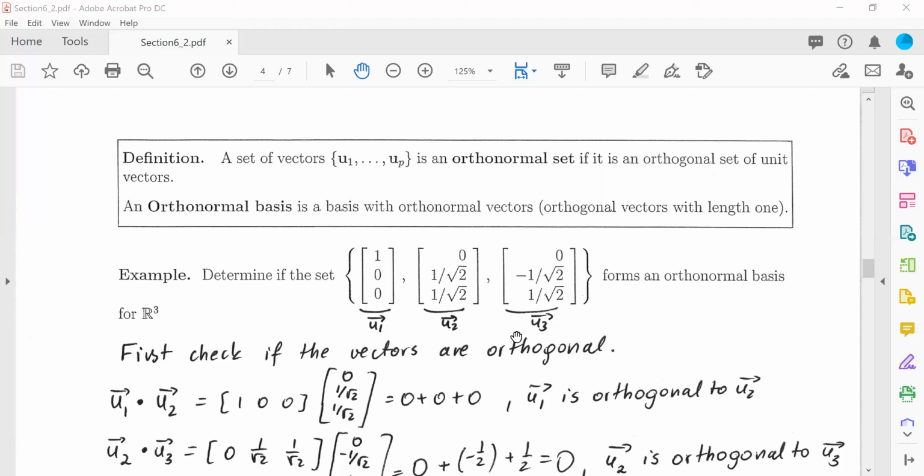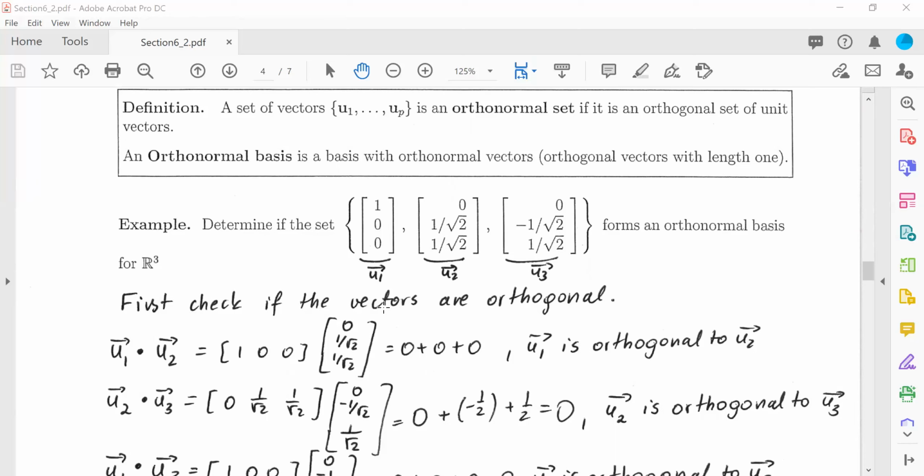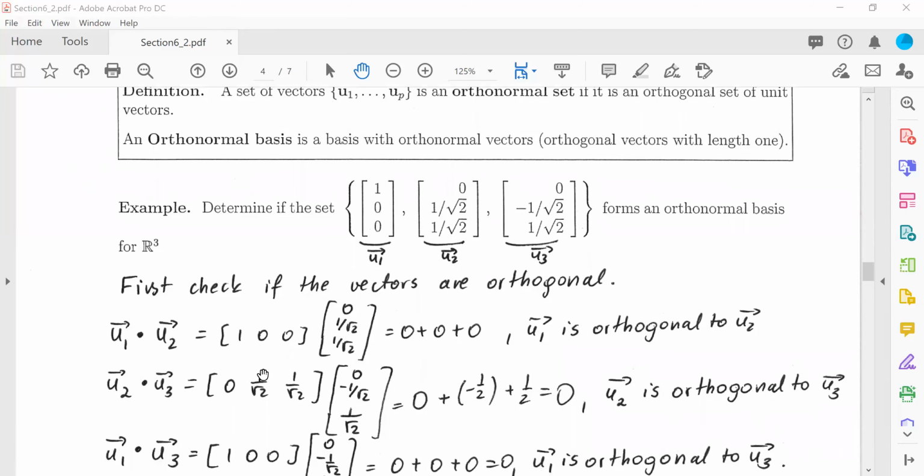Determine if the given set forms an orthonormal basis. So first we check if it's orthogonal, and then we calculate the length, to see if the length is 1. To check orthogonality, we use the dot product. So I call these U1, U2, U3 vectors. First we check U1 dot product U2.